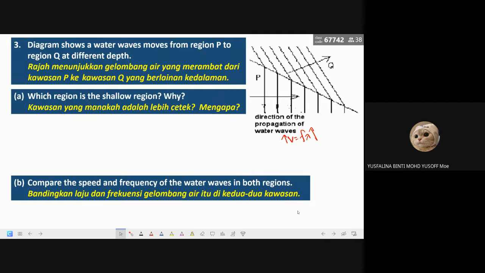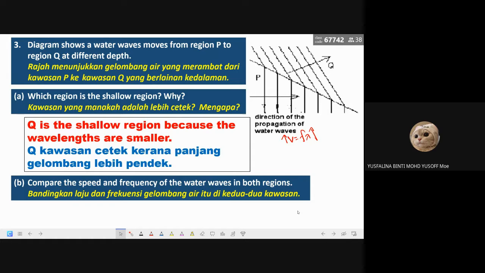Okay, so let's move on to the next one. The diagram shows a water wave moving from region P to region Q at different depths. Which region is the shallow region? Of course the one with the shorter wavelength is the shallow region. So the answer should be Q. And you have to compare the speed. So the speed for Q is smaller, because the wavelength is smaller.